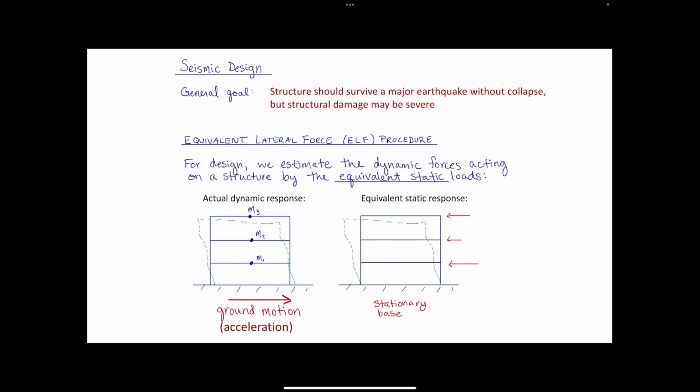So there are a number of different ways to analyze and design for seismic loads. The most common one uses a static approach, and that's what I'm going to be teaching in this class, right?